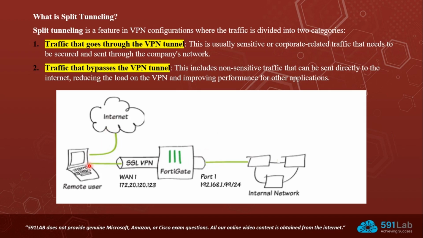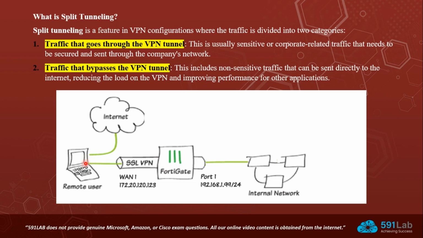But assume that you want to inspect all the web traffic and see what traffic you are accessing, what websites you are accessing. You have to send the internet access through the FortiGate also. Then you have to disable split tunneling.